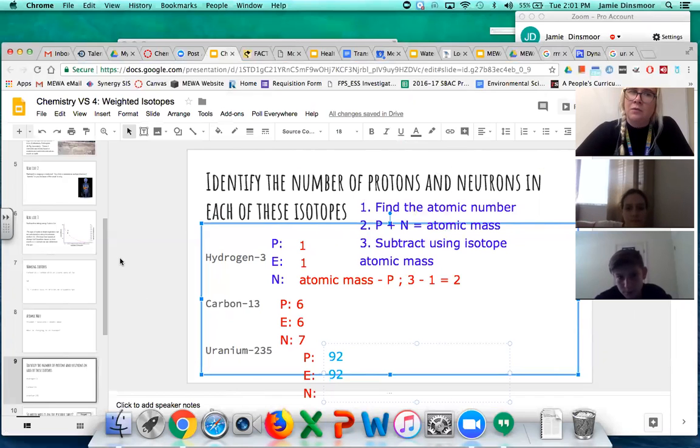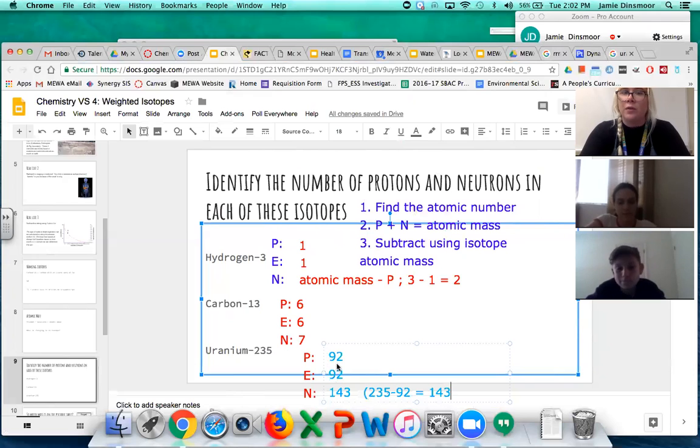Why did you guess 95, Bella? I'm not sure where you got that, but I will try to help you here. Vitaly is correct. It is 143. How do we know that? Well, we took our atomic mass from our isotope, 235, and we subtracted our protons, 92, which equals 143.